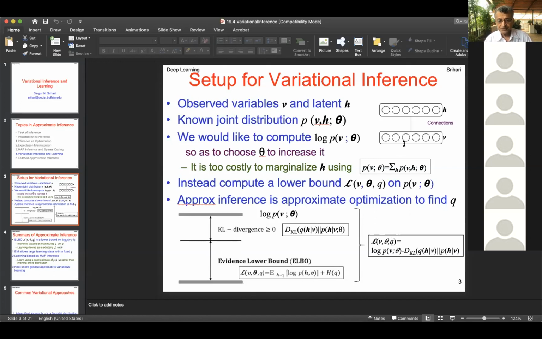Take the log probability and the expected value over all possible values of h taken from this Q distribution that we are defining. Q is up to you to define. And then this is the entropy of the Q distribution. So this formula has become this formula. How did you get that? We can get it from here just by doing algebra. And so this is what is going on. This is a setup for variational inference.